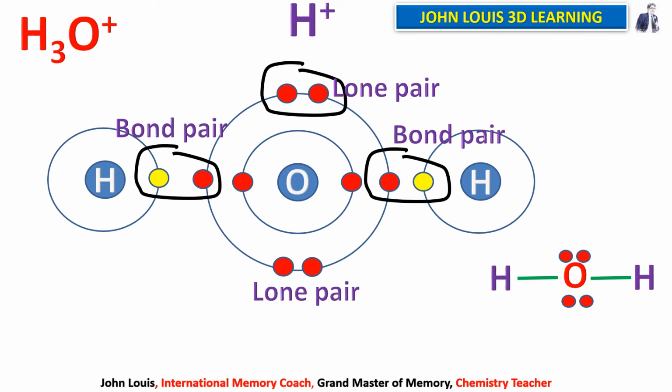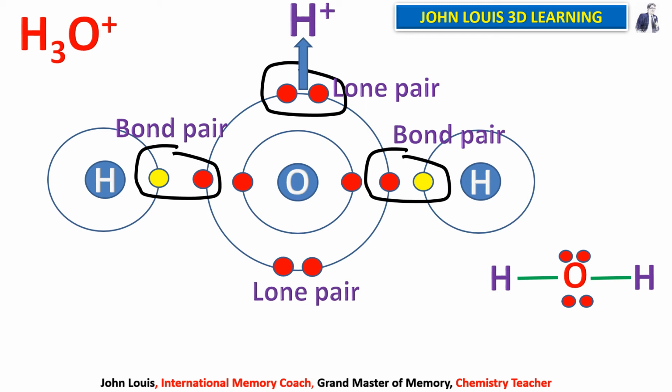Suppose a hydrogen ion approaches water, what will happen? So H+ ion needs electrons, am I right? Two electrons. So therefore that lone pair, which is already not involved in any bond formation, donates its two electrons to hydrogen and shares them equally.